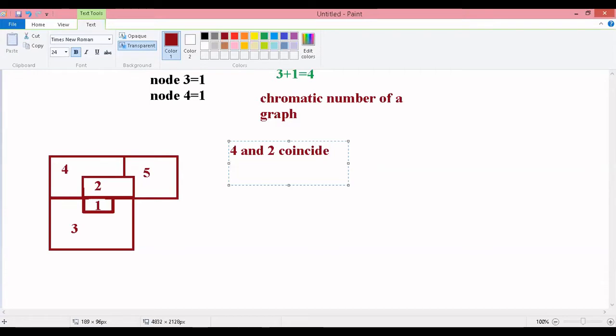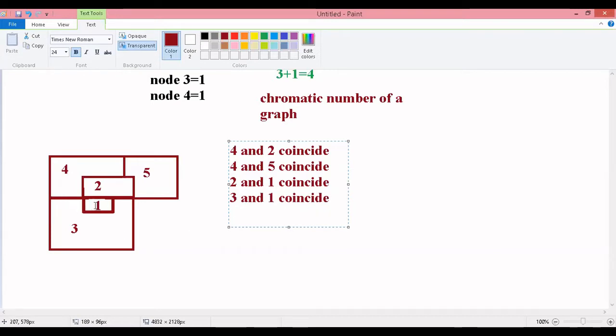Next, the areas 4 and 5 coincide. Next, the areas 2 and 1 coincide. Next, the areas 3 and 1 coincide, meaning they are attached.